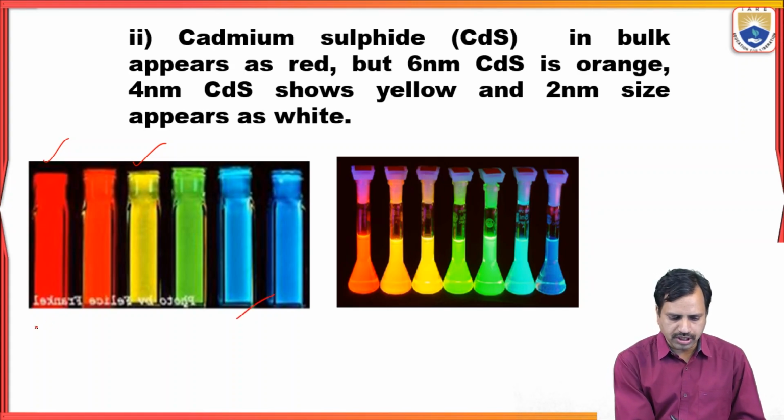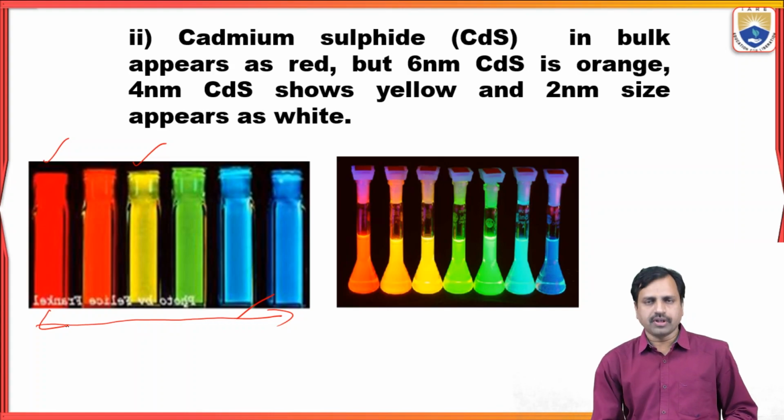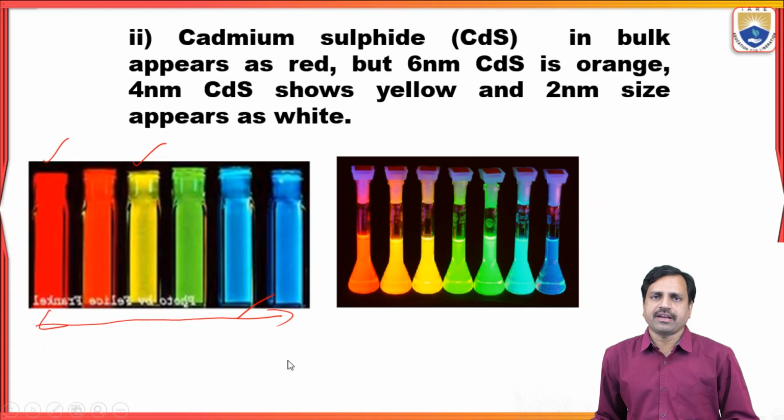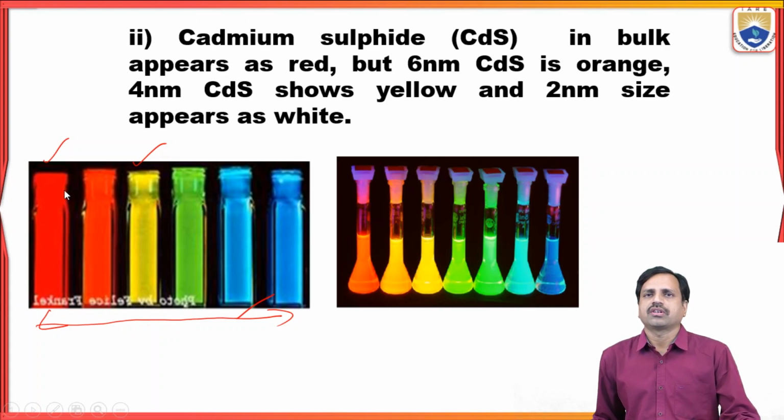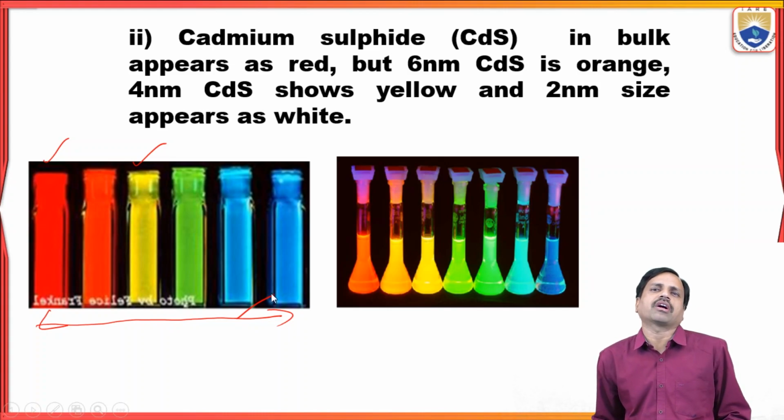So the color of the particle also changes when the size of the material changes. This color indicates the energy of that material. If it is red, it is considered very high energy compared to white.